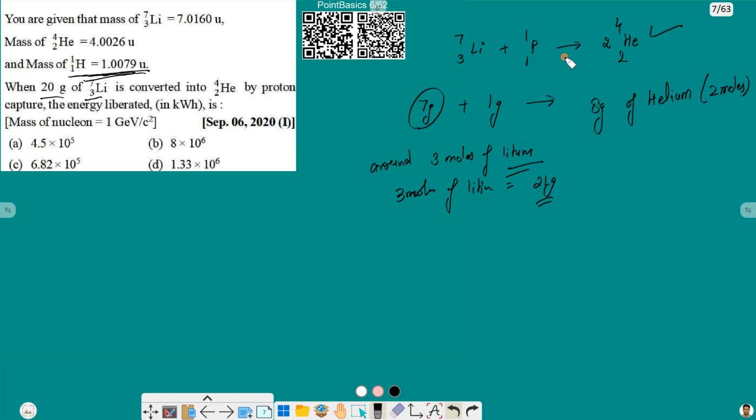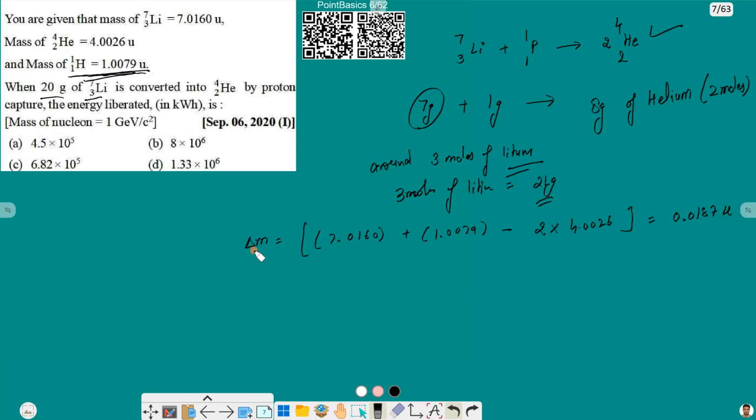So now we have this equation. Let us find out the Q energy of this equation, or let's calculate the change in mass. So delta M here will be equal to the total mass of the parent nuclei, that is 7.0160, plus that of proton, that is 1.0079, minus twice the mass of helium, that is 4.0026. And from this we will get 0.0187 u.